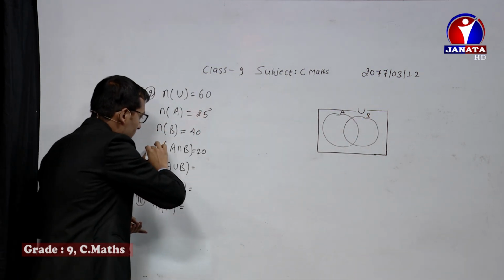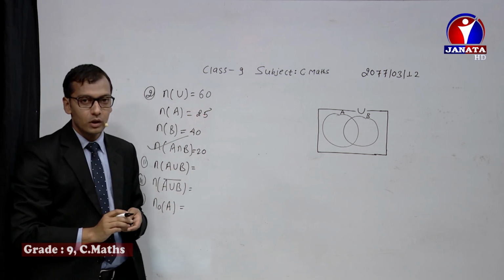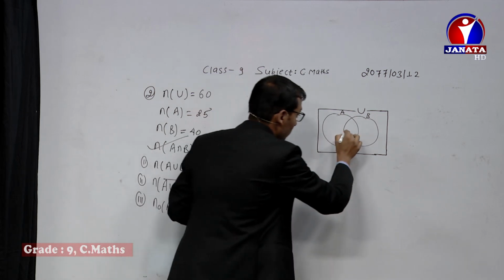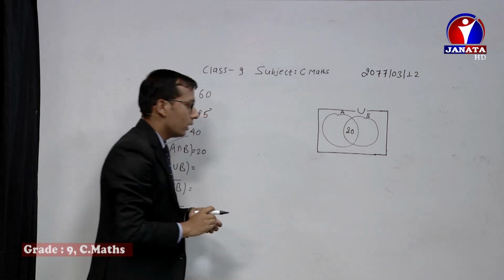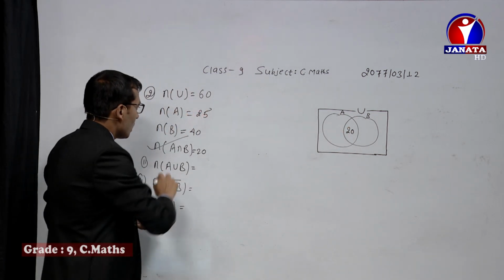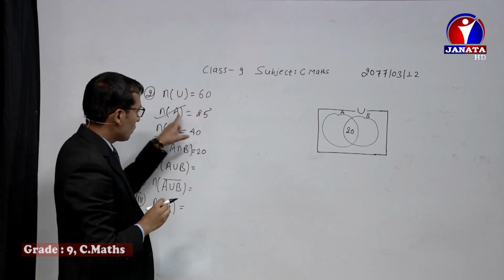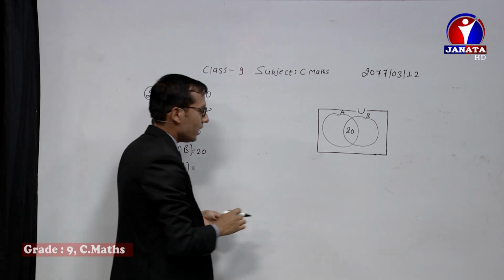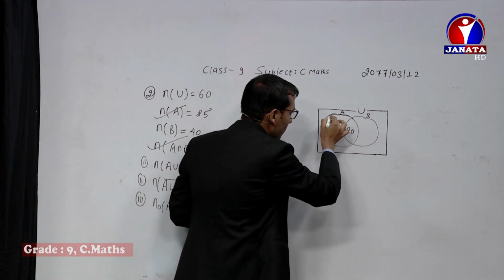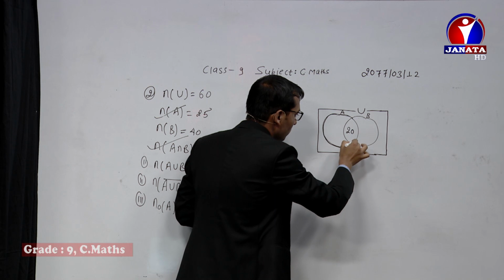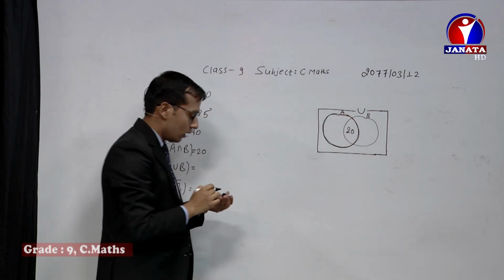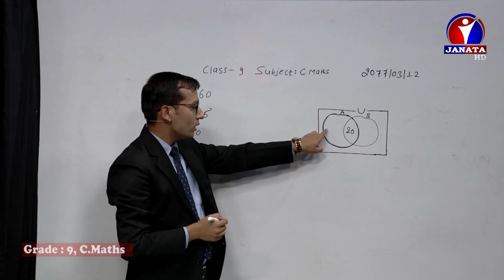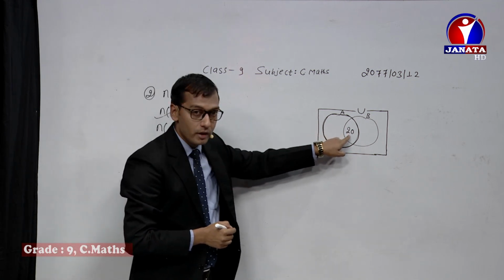What is the intersection of the two subsets? It's 20. Let's insert this number in the intersecting region. What is n of A? Total n of A is 25. Look at n of A, the complete circle in the diagram. n of A consists of two regions, n only A plus intersection.